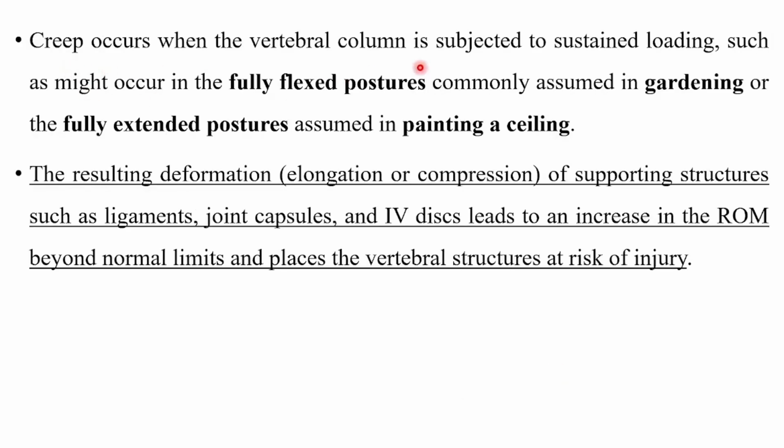Creep occurs when the vertebral column is subjected to sustained loading, such as might occur in the fully flexed posture commonly assumed in gardening, or the fully extended posture assumed in painting a ceiling. The resulting deformation, that is elongation or compression of supporting structures such as the ligaments, joint capsules, and intervertebral discs, leads to an increase in the range of motion beyond the normal limits and places the vertebral structures at risk of injury.